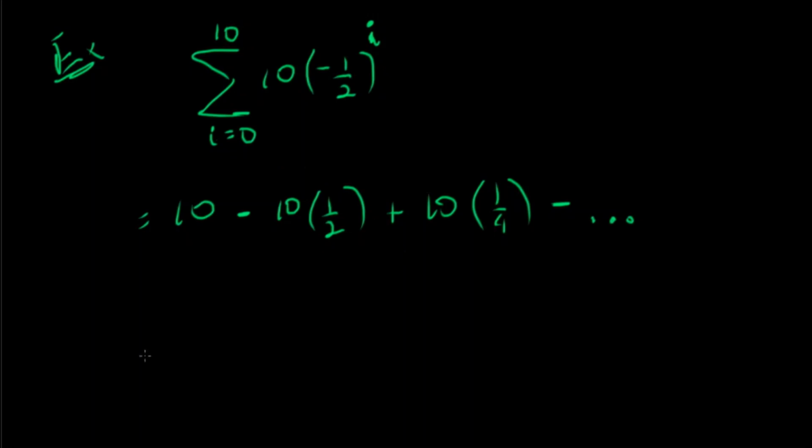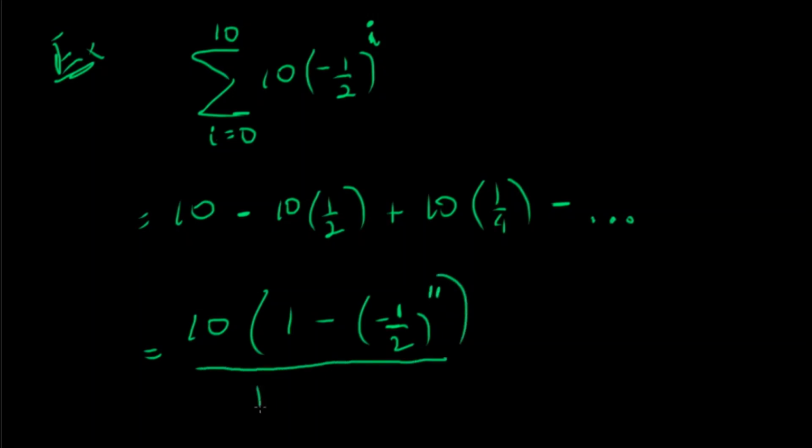But we have a formula for this. It is just going to be the first term times 1 minus the -1/2 to the, how many do we want to go out? It's going to be 11 terms out. And then we're going to divide that by 1 minus the -1/2. This should just pump out the answer.